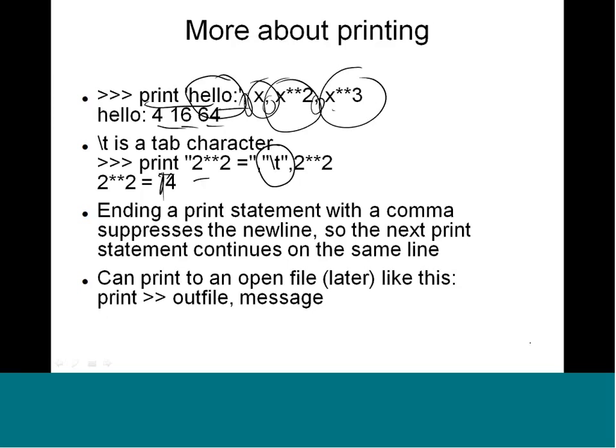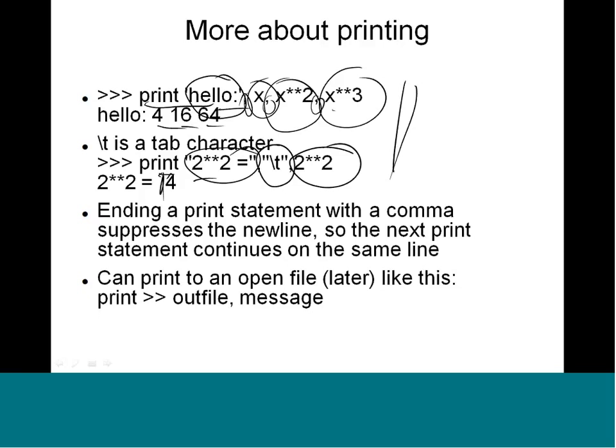So if you say print "2 times 2 is equal to", and then within quotes this is not evaluated as a string, and then here we just evaluate 2 power 2 arithmetically. So with printing, you can see that you can mix and match things. Basically you can mix variables with expressions, with different types of variables. This is all the flexibility that Python offers.